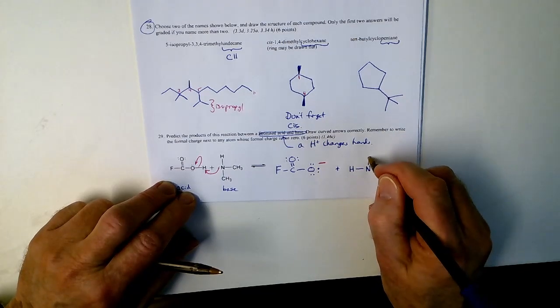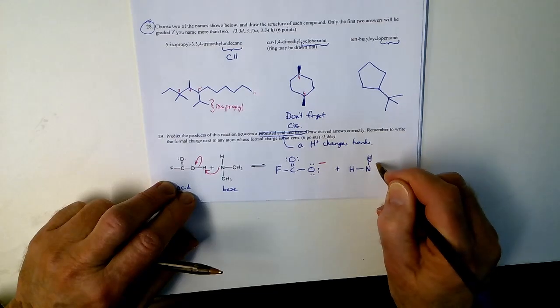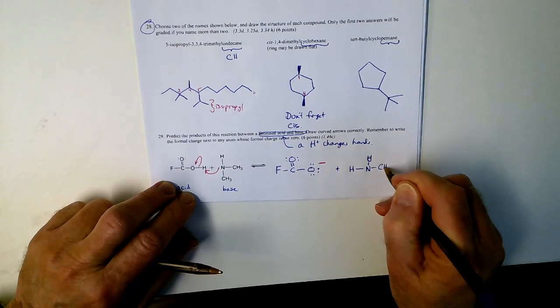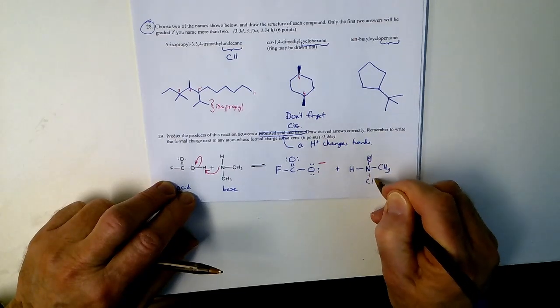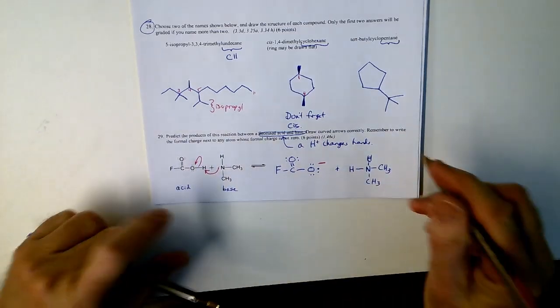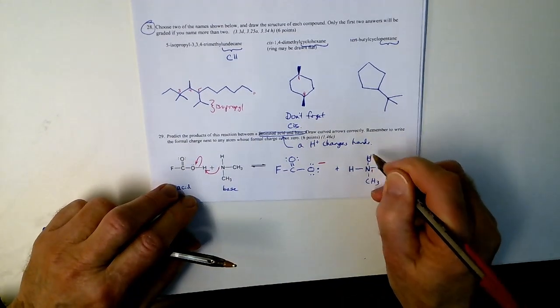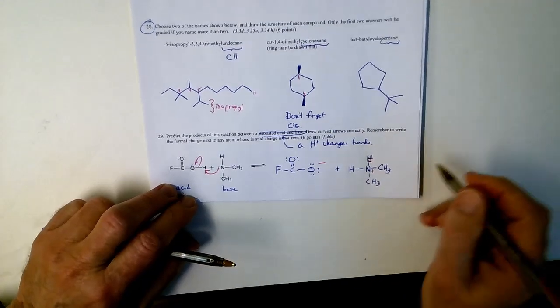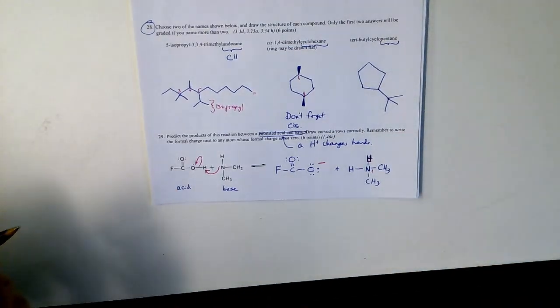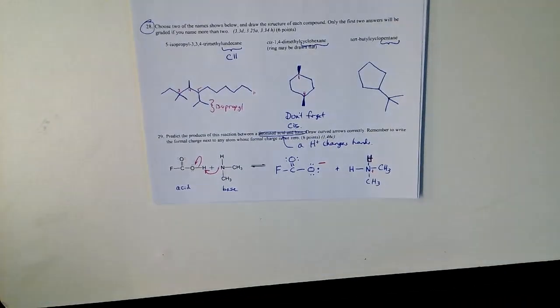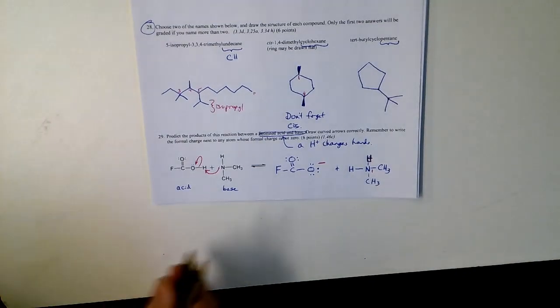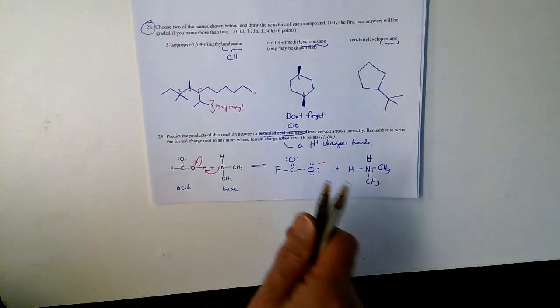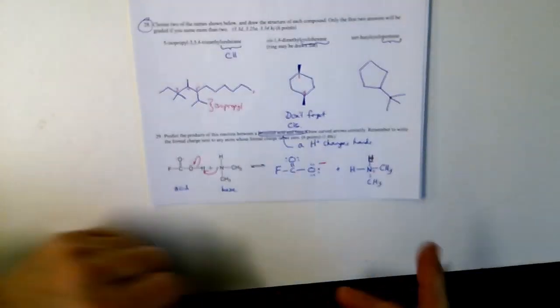Plus, the base has all this stuff that it started out with. Formal positive charge, it's right there. Two curved arrows. The base reaches out and grabs a hydrogen, the hydrogen turns loose. And there are your two products.